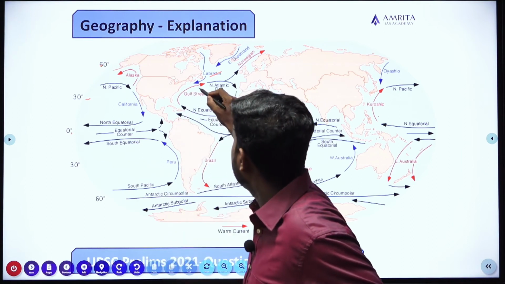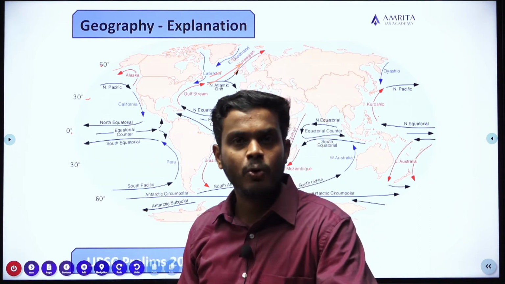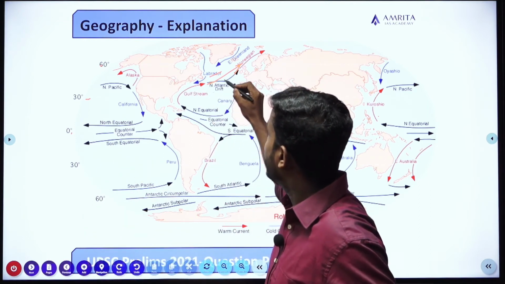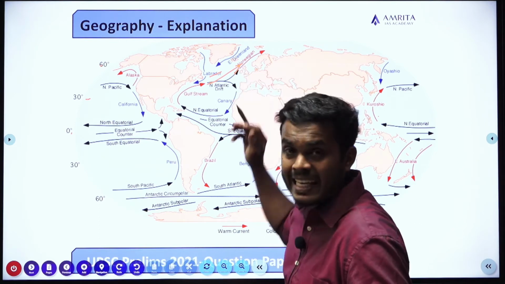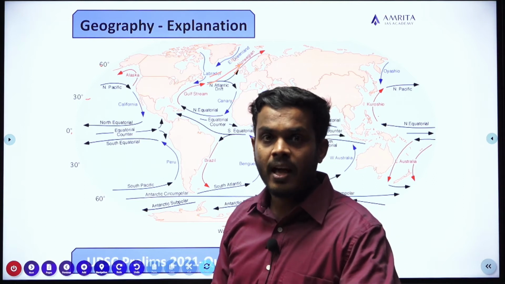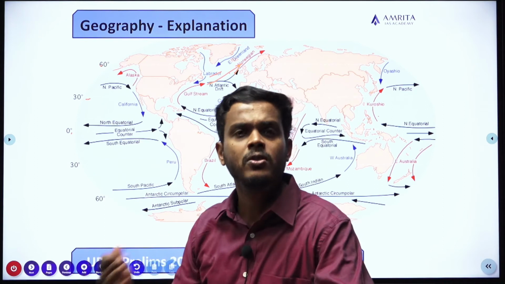Okay, so this water goes to the eastern part of that particular ocean. Here again we can see the Gulf Stream, which continues to flow as the North Atlantic Drift. It reaches the European region, and this water is warm just because the Gulf Stream was warmer.